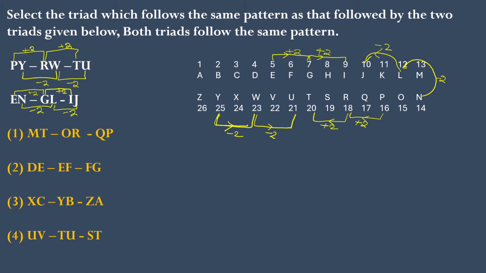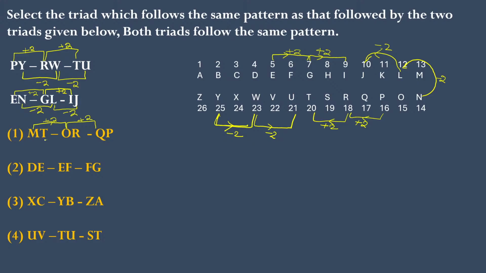See here, first we will check the first option. M plus 2, so M and O is correct. O plus 2, O P Q is correct.